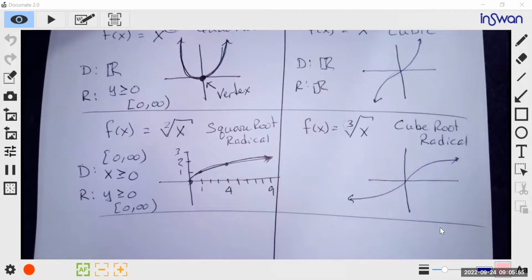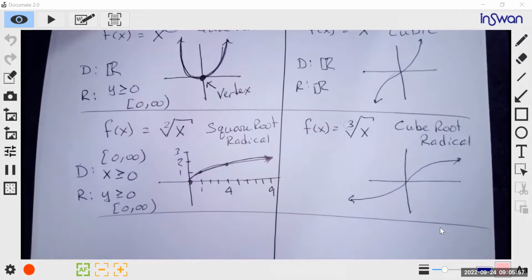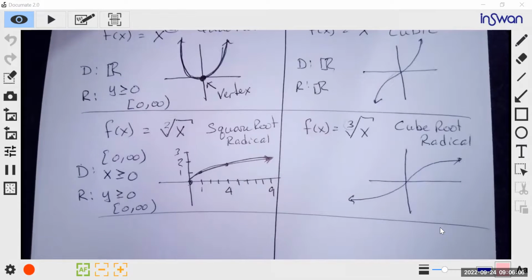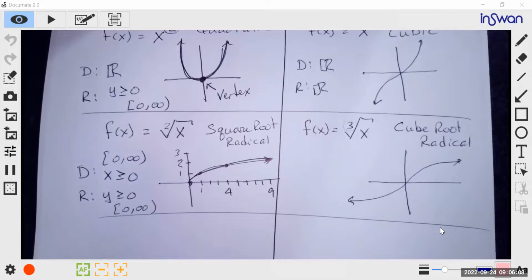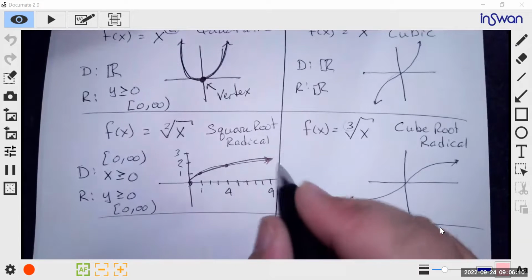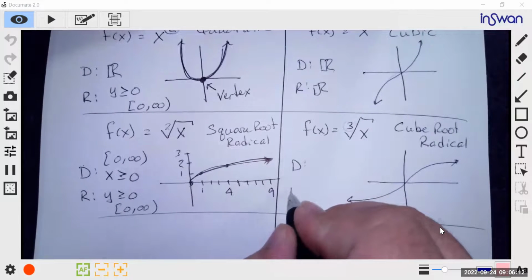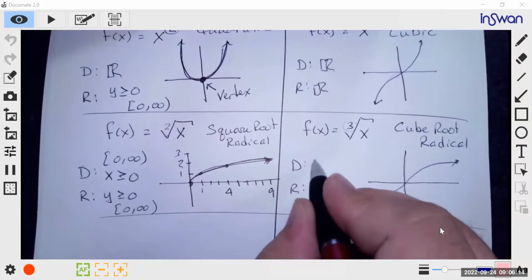So there's a graph. The domain and the range are the same.